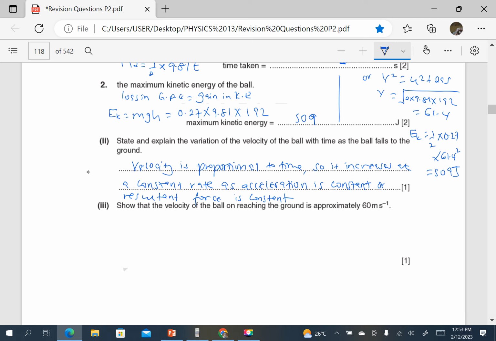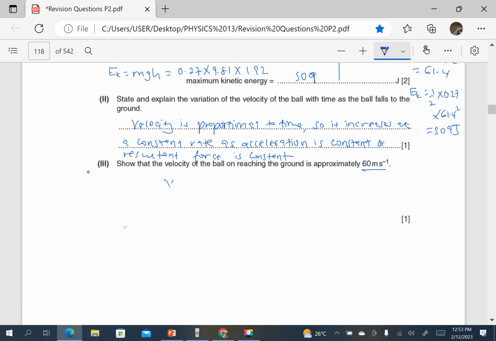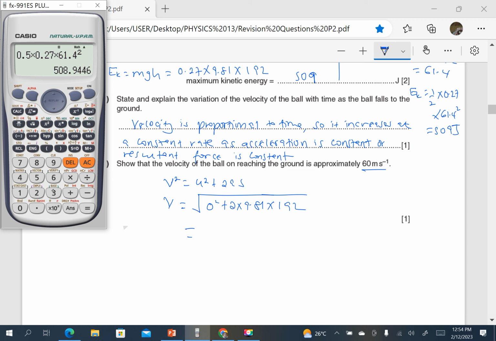Show that the velocity of the ball on reaching the ground is approximately 60 meters per second. I think that is the method we have already seen. v squared is equal to u squared plus 2as. So v is going to be the square root of, it starts from rest, 0 squared plus 2 times 9.81 times the distance 192.